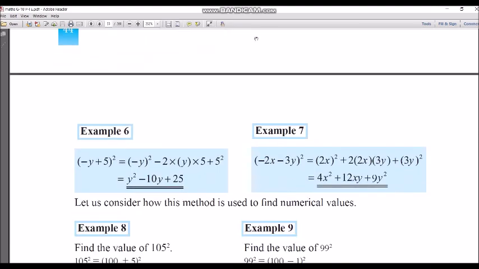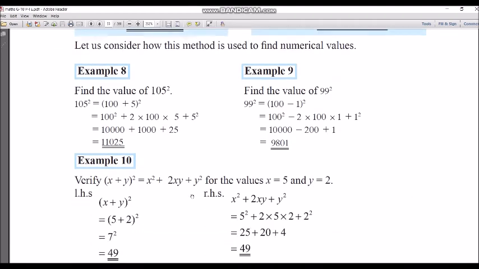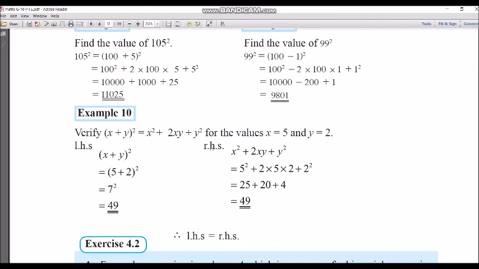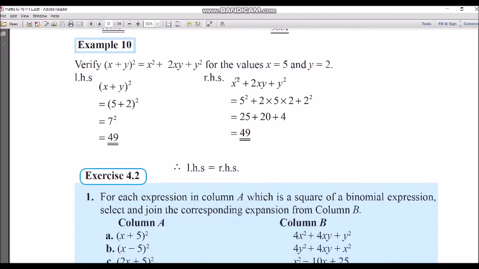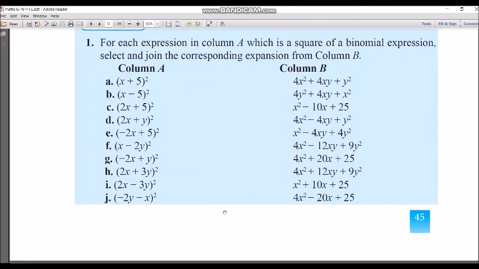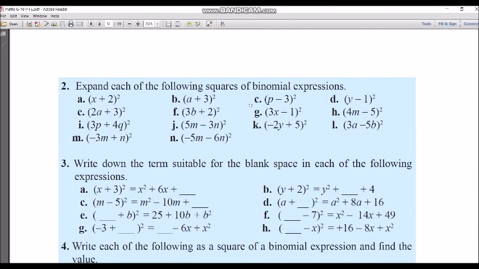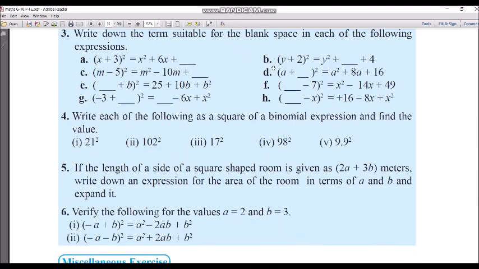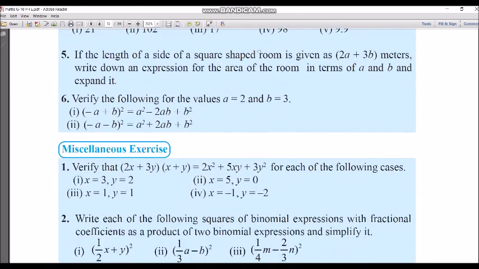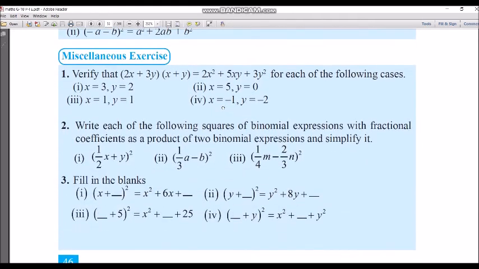So these are very simple calculations. They even have some exercises. I think they are the same as we did in our previous examples. So if we go to the miscellaneous exercises, there are some where we have to put in these x and y values and then calculate the result.